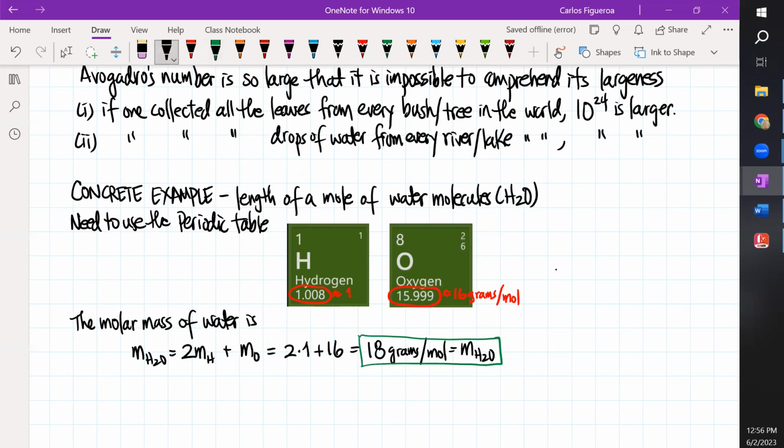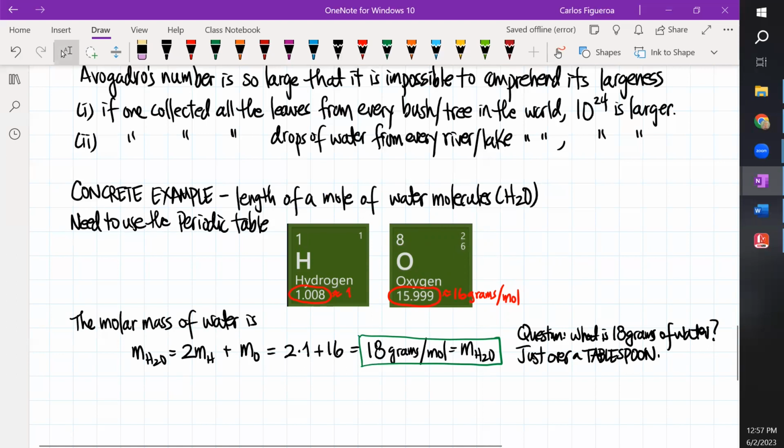So really, the question should be this: what is 18 grams of water? It turns out that it's just over a tablespoon. So it's just a little bit bigger than a tablespoon.